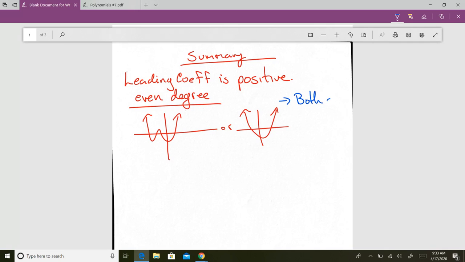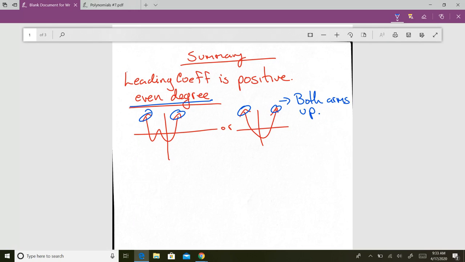Both arms are up. You can see the left arm and the right arm are both up. If it's an even degree, both arms are up. If it's even degree and leading coefficient positive, both arms are up.